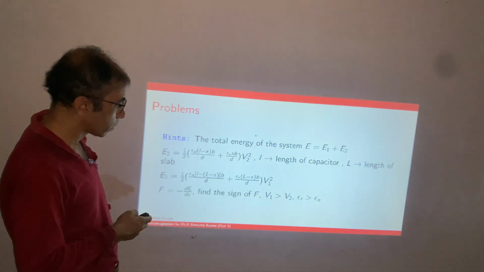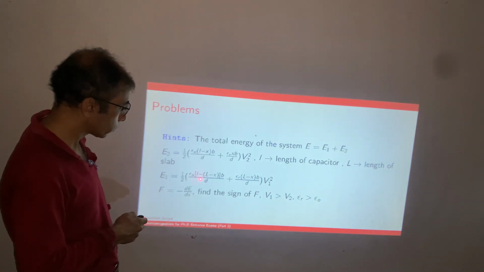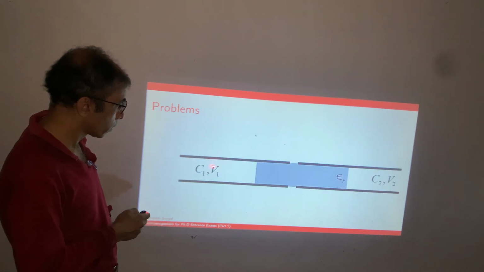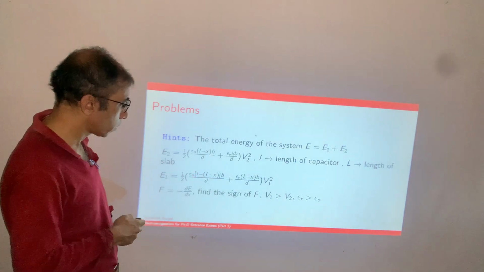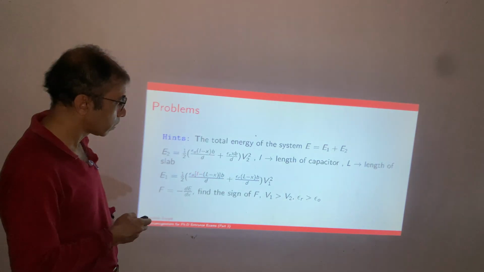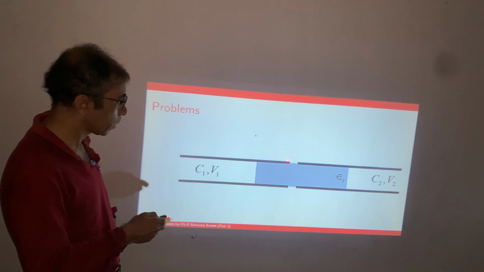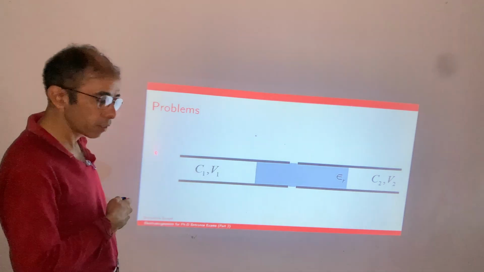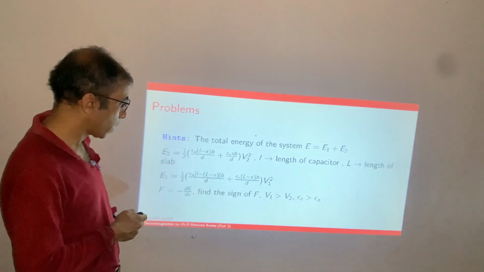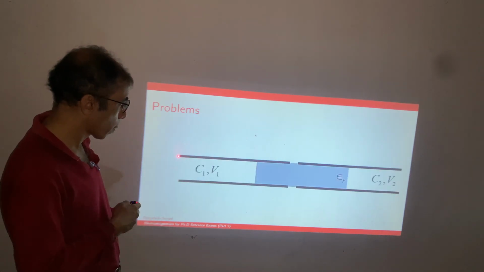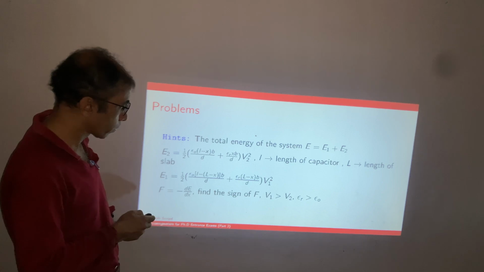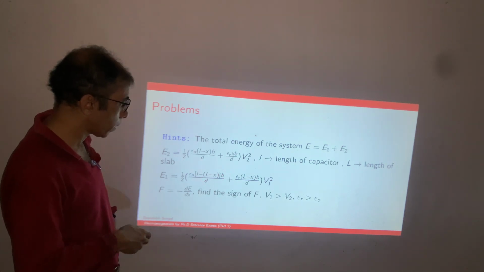And C1 here will be epsilon naught (L minus x) b divided by d, where L is the length from here till the end.